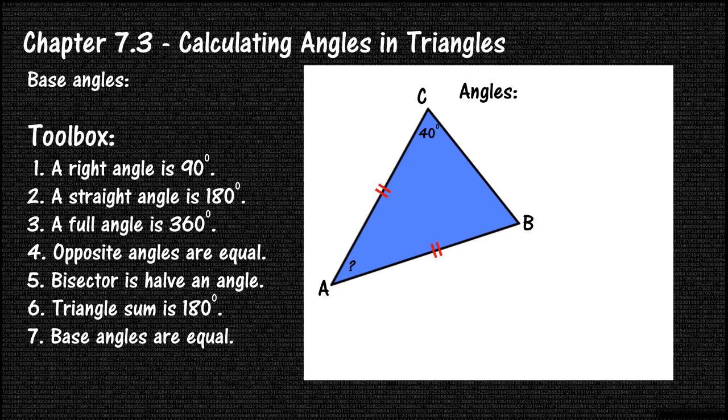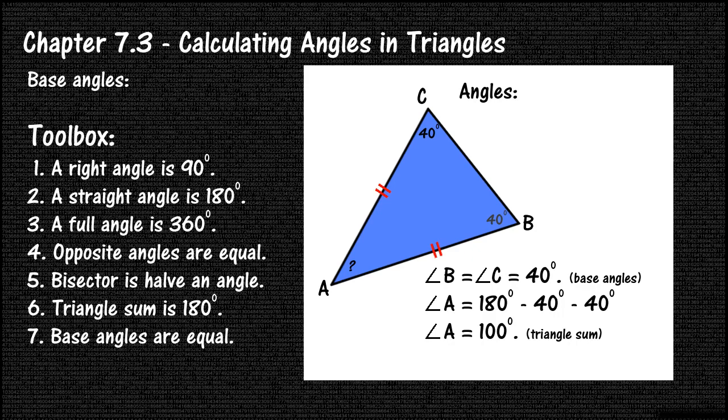That means that angle B and angle C are the base angles and are the same size. And that means angle B is also 40 degrees. And because the sum of the angles should always be 180 degrees, the remaining 100 degrees are in angle A.